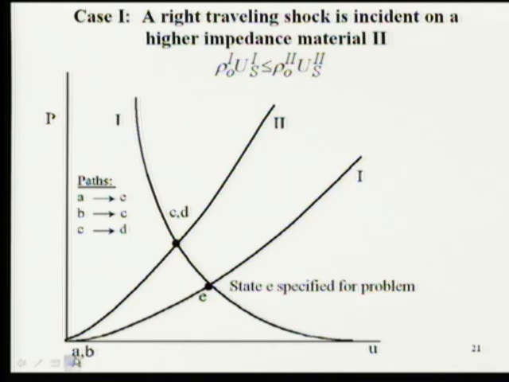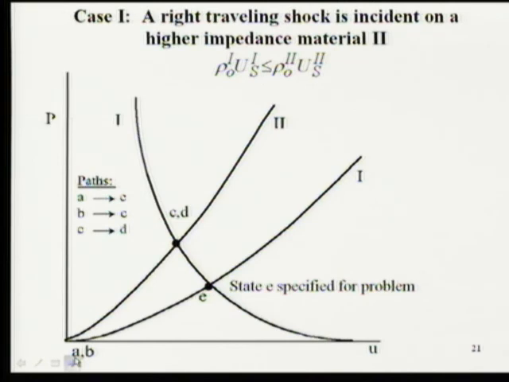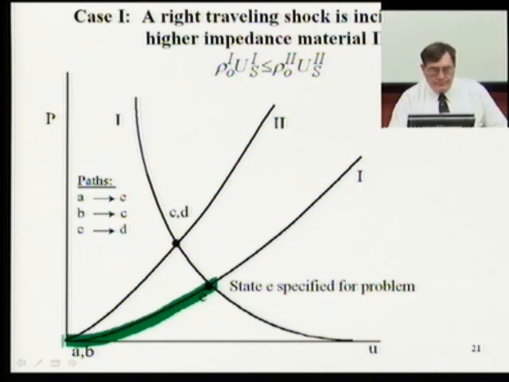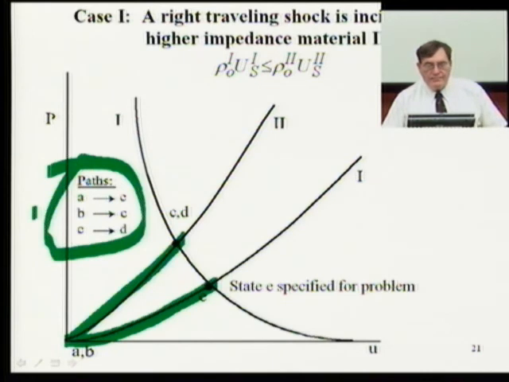But you can see that with the paths here, you can even sort of write how you're going to solve it. You go from A to C, which is a shock in the lower impedance material. Then you go from B to C, forward-facing shock in the, I'm following these paths here, along the higher impedance material.